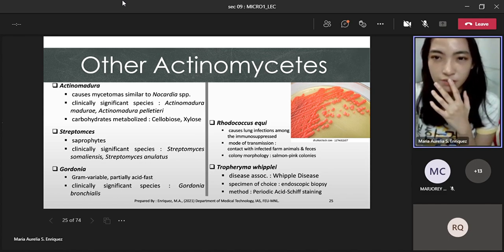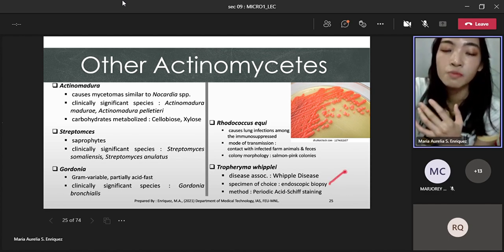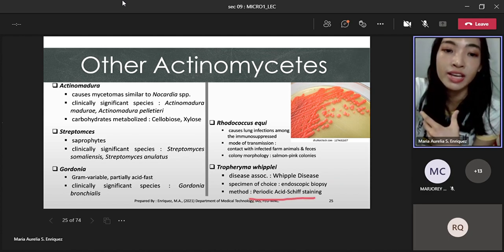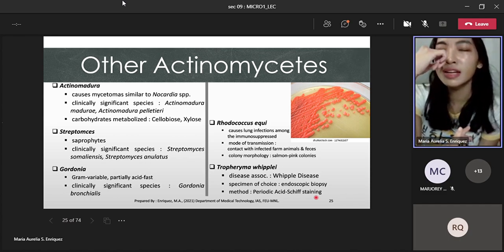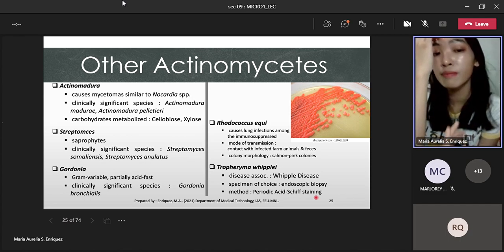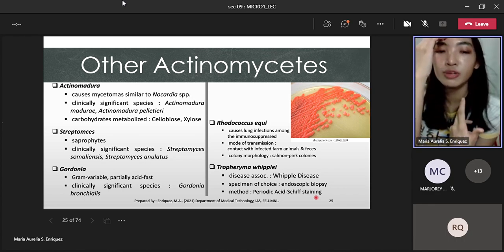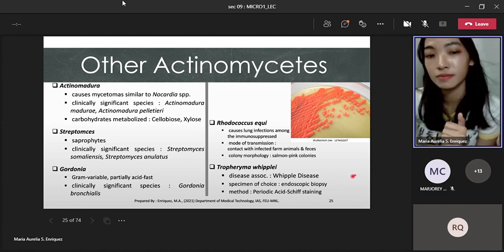The diagnosis of Whipple disease is best made by microscopic examination of endoscopic biopsy specimens, and the staining method would be periodic acid-Schiff staining. So culture and biochemical testing are not the preferred methods to diagnose Whipple disease. Rather, we should perform periodic acid-Schiff staining using endoscopic biopsy samples.